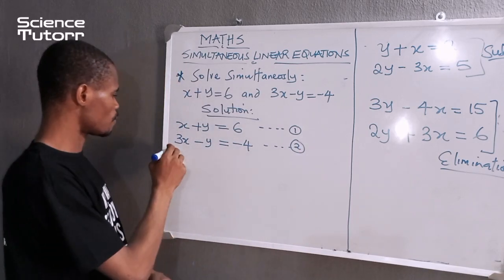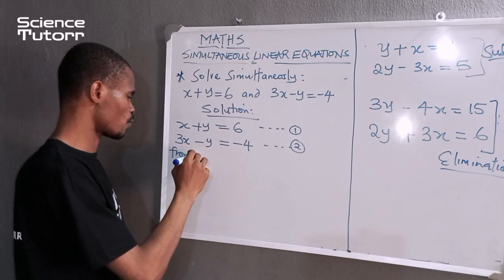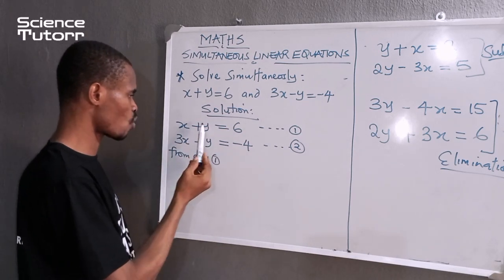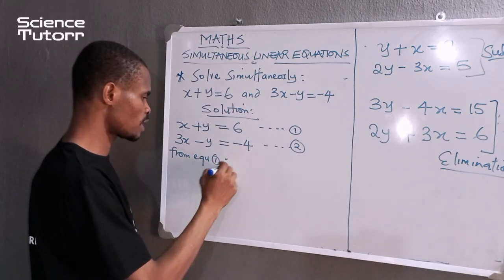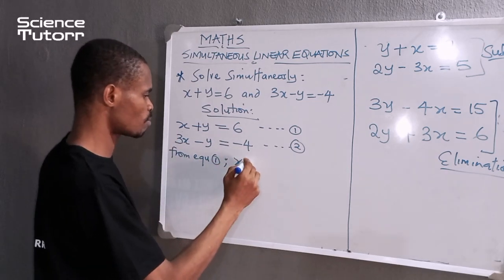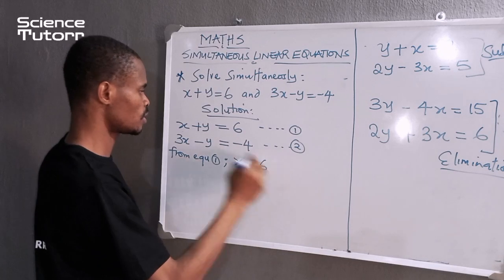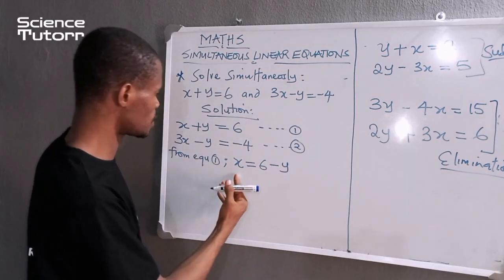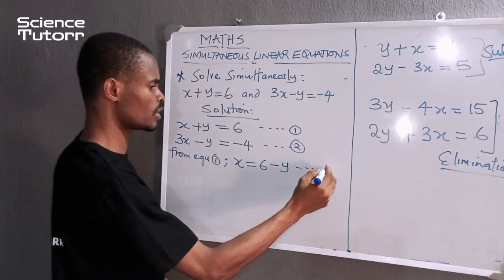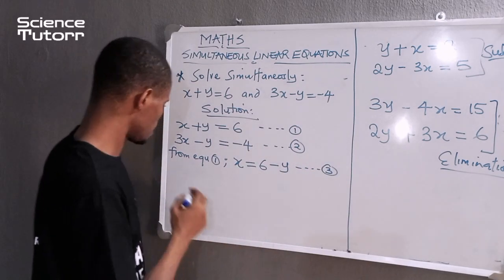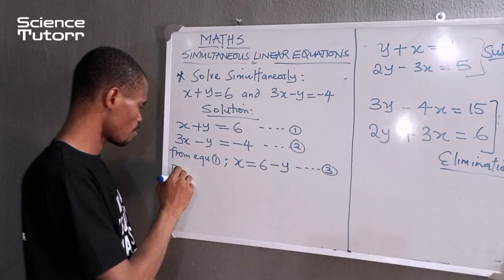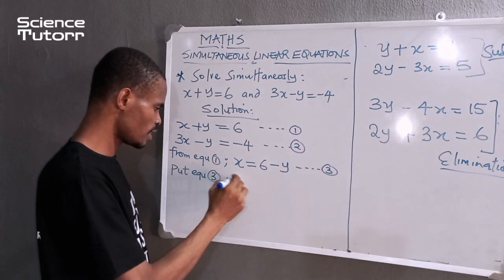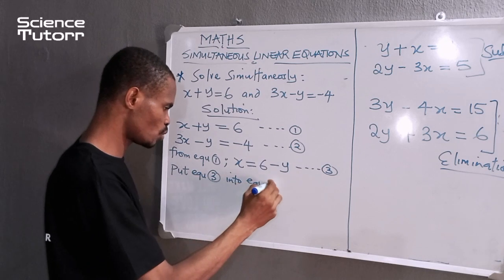Now, from equation 1, I'm going to make either x or y the subject. So assuming I'm going for x, x becomes 6 plus y crosses over minus y. x becomes 6 minus y. This gives us equation 3. Then I'm going to put equation 3 into equation 2.